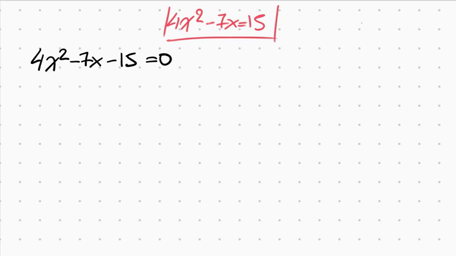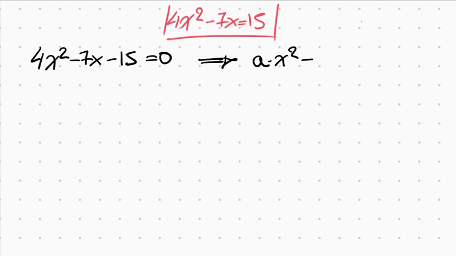Now, if you have ever seen a quadratic polynomial before, then you know that it really looks like the standard formula, which is a times x squared plus b times x plus c equals 0.